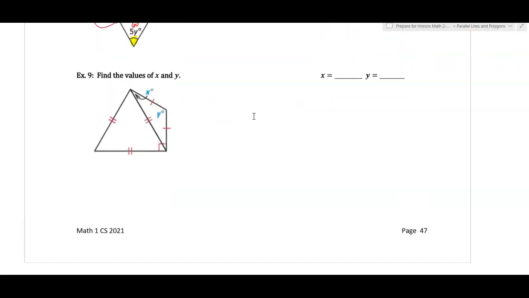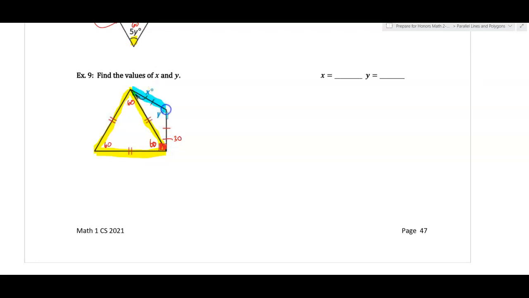Then the next example, right? If I look, I'm going to use this equilateral triangle to find the measure of this is 60 degrees, 60 degrees, 60 degrees. Now this box here tells me that angle is 90 degrees, so if this is 60, I know that angle is 30.